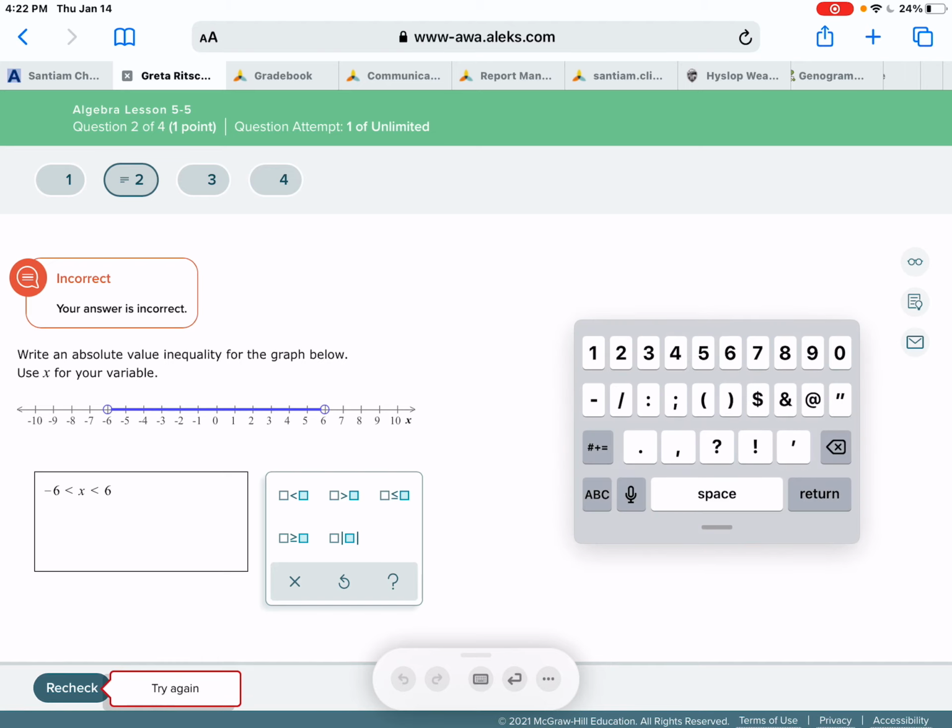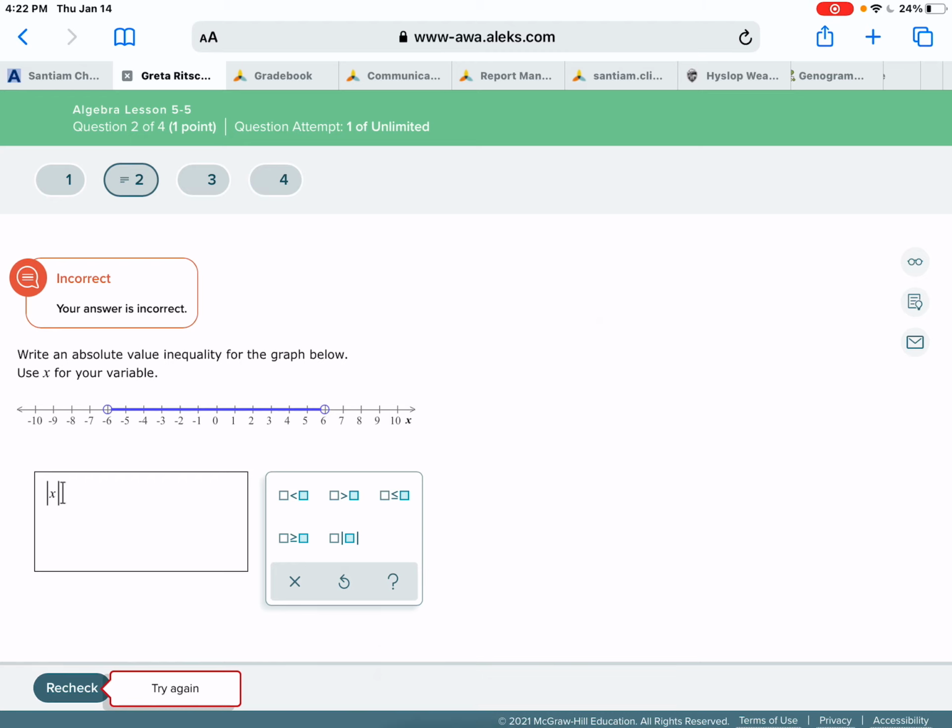Let's do this instead. Let's say that the absolute value of x is less than 6.